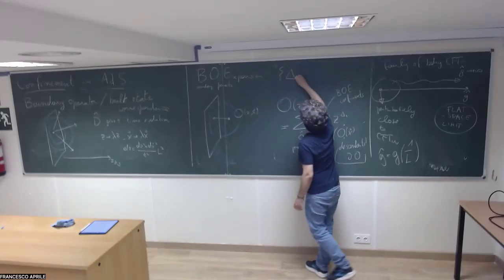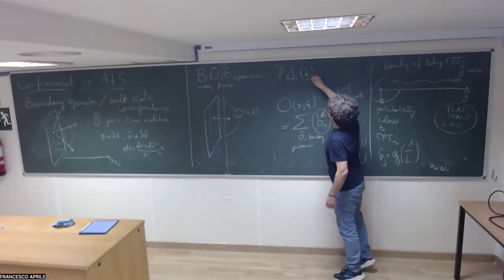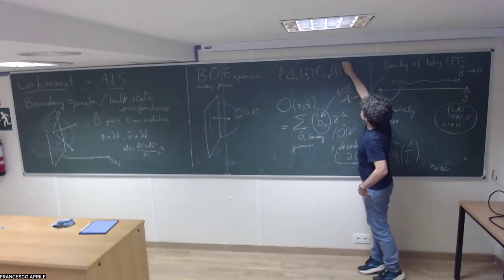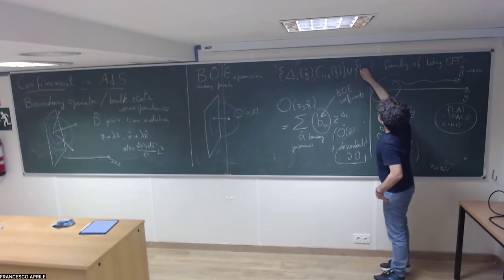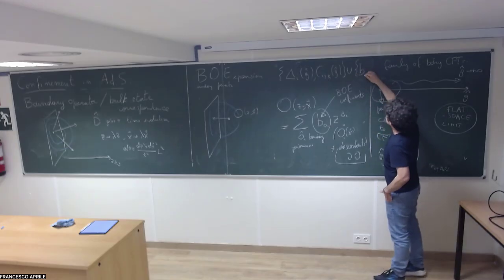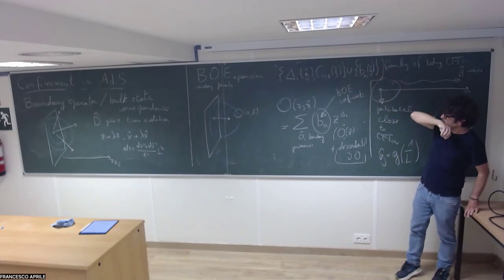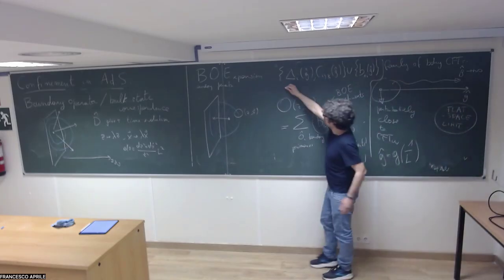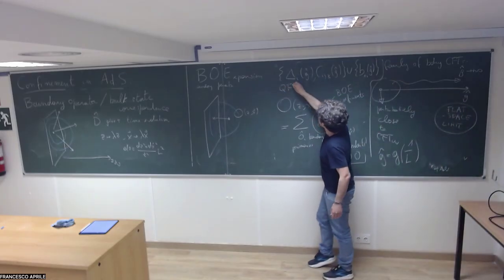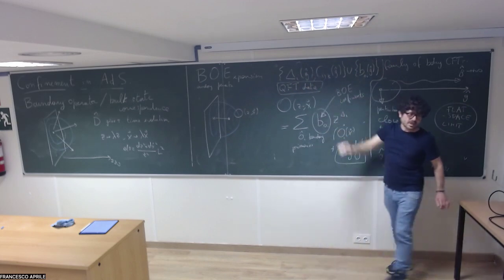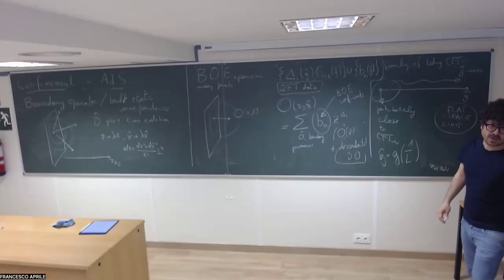Then the full set of data of my theory are going to be these dimensions, these OPE coefficients, and also these BOE coefficients. They will also depend on G-hat. This is what the group of Joachim and Noyes proposed to call the QFT data, in the sense that in terms of this, I can express any correlation function of my theory, also the bulk ones.